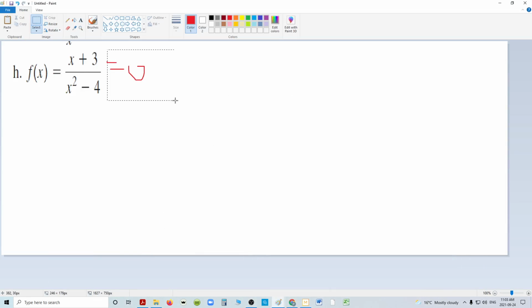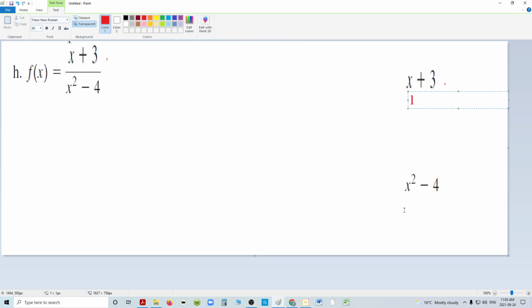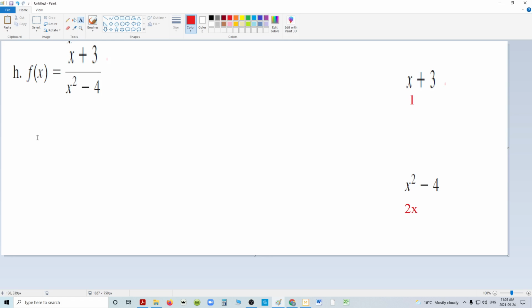So the derivatives say, I need to figure out the derivative of the denominator and the derivative of the numerator. It's quite clear the derivative of the numerator is just 1, which makes our life easy. Derivative of this one is this. And I'm going to square the bottom, which fortunately doesn't have that big of a role for us.